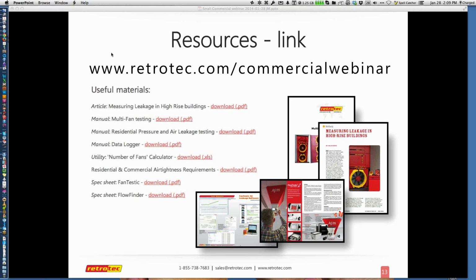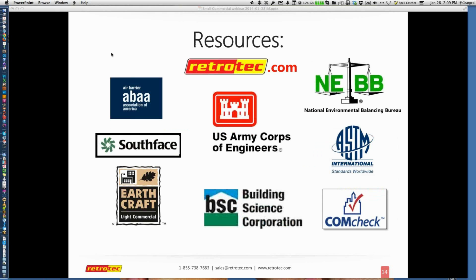These are some of the most common resources that I wanted to make sure I brought up. Are you familiar with some of these icons? Most of their web pages are almost identical to their name. The Area Association, South Face. I have several slides from South Face. I actually live in Atlanta, and this is where they come from, and it's a phenomenal, not just training organization, but they actually develop their own program on how to do residential, small commercial, and a whole neighborhood development, all with their Earthcraft program.